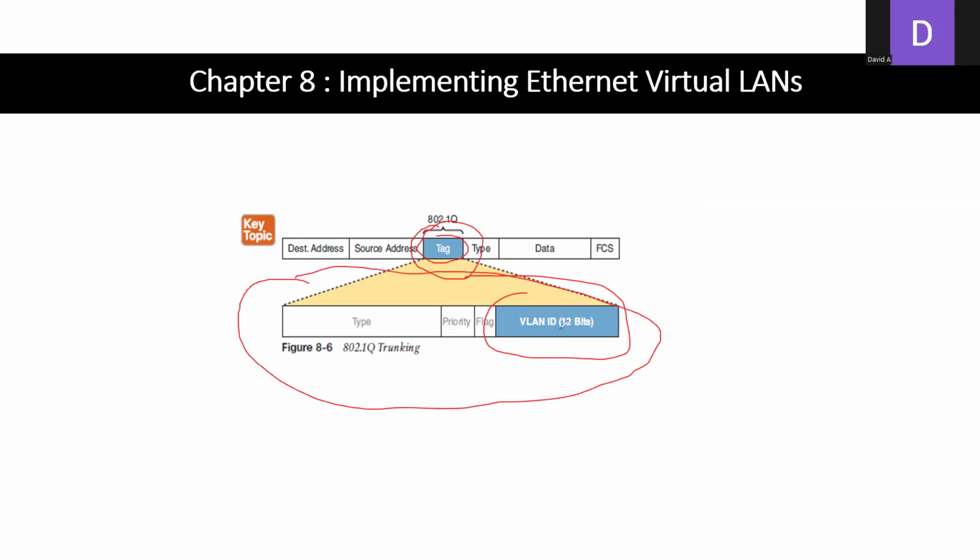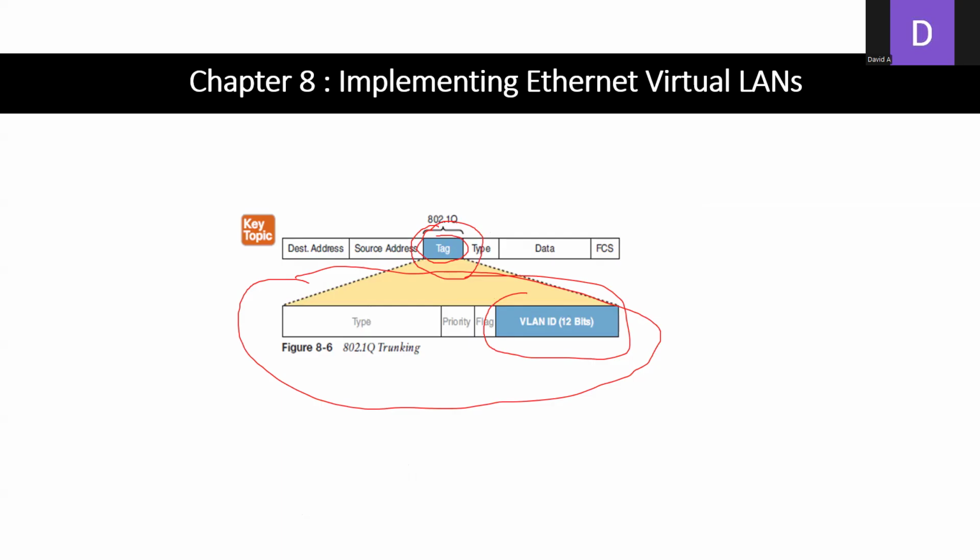Within this 12-bit field will be the VLAN ID, and you can actually see that within Packet Tracer. I'm going to say this because it's going to make sense as far as how many VLANs you can configure on a switch.